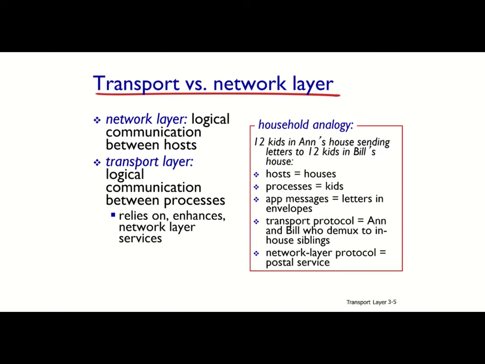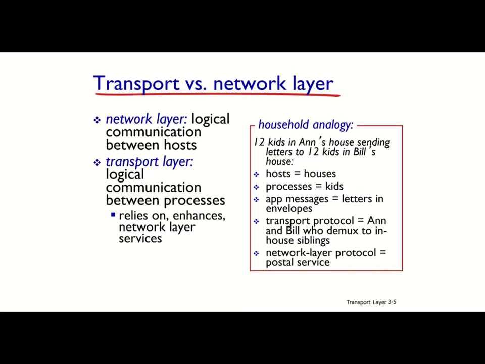Now let's assume that these 12 kids in Anne's house want to communicate with the 12 kids in Bill's house using letters in envelopes. So let's assume that one of the kids in Anne's house wants to send a letter to another kid in Bill's house.